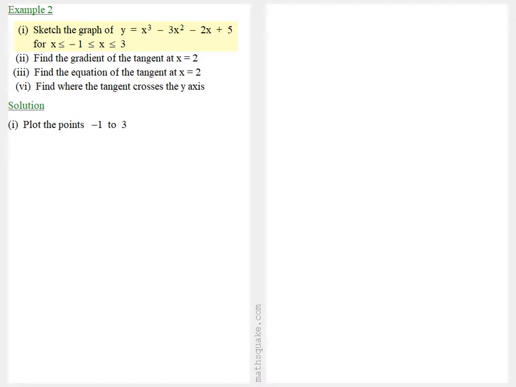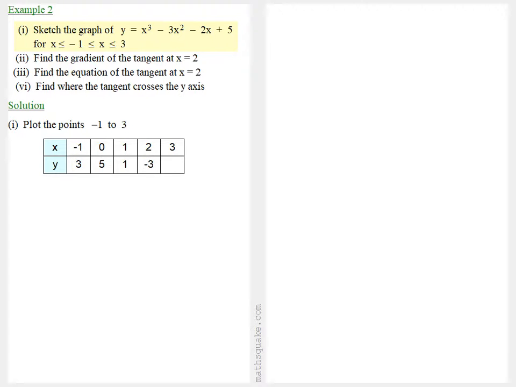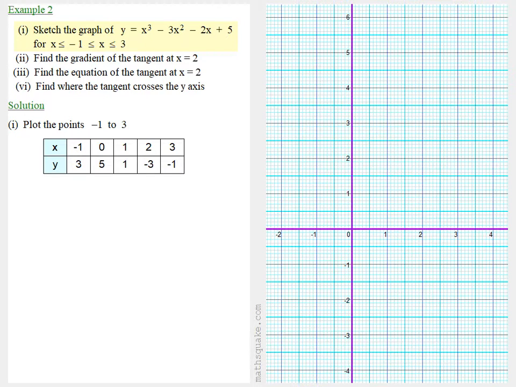So if we make up a table, we can choose the values of x going from minus 1 to 3 and then calculate the values of y. And they are 3, 5, 1, minus 3, minus 1. We need to draw out some axes on some graph paper, and then we can mark the points and join with a smooth curve.